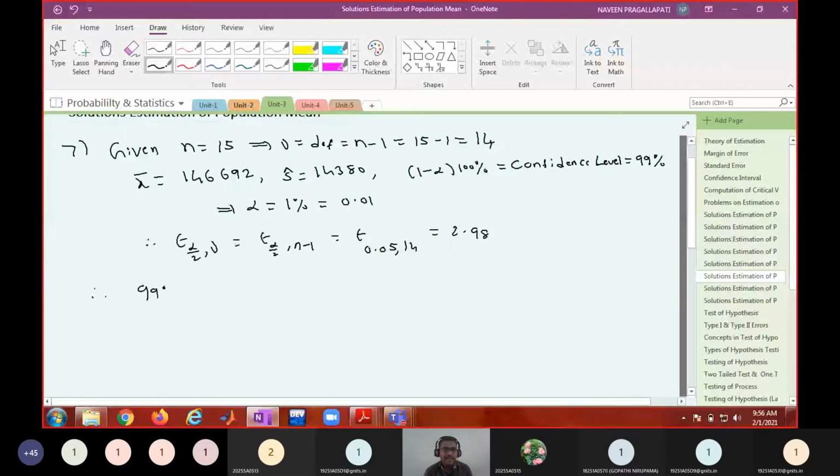So therefore, the 99% confidence interval for mu equals x bar plus or minus t alpha by 2 into s cap by root n.